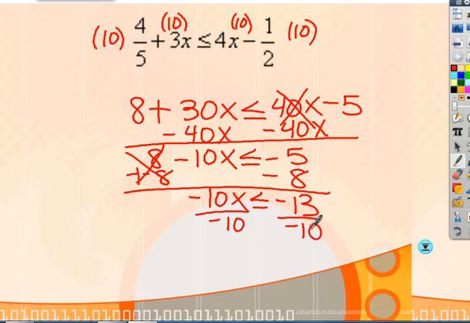Notice, you will get negative 10x is less than or equal to negative 13. Divide both sides by negative 10. Because your answer is fractional, leave it as a fraction. Notice, however, I will have to flip my symbol.